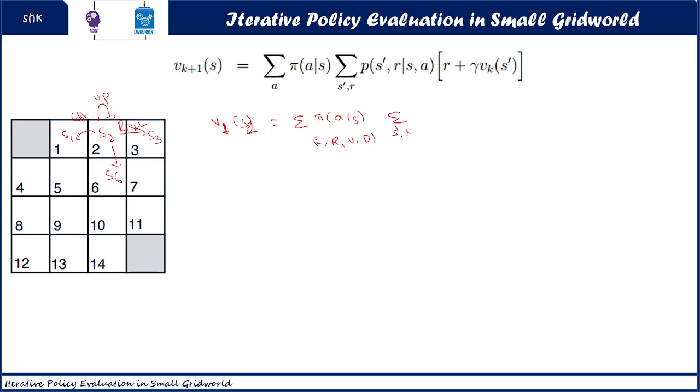Summation over S dash and r. We have assumed all the transition probabilities are 1, and the reward for all the transitions except the terminal state is -1, plus discount factor 1, times Vk. As k plus 1 is 1, we consider the initial value for the new state.